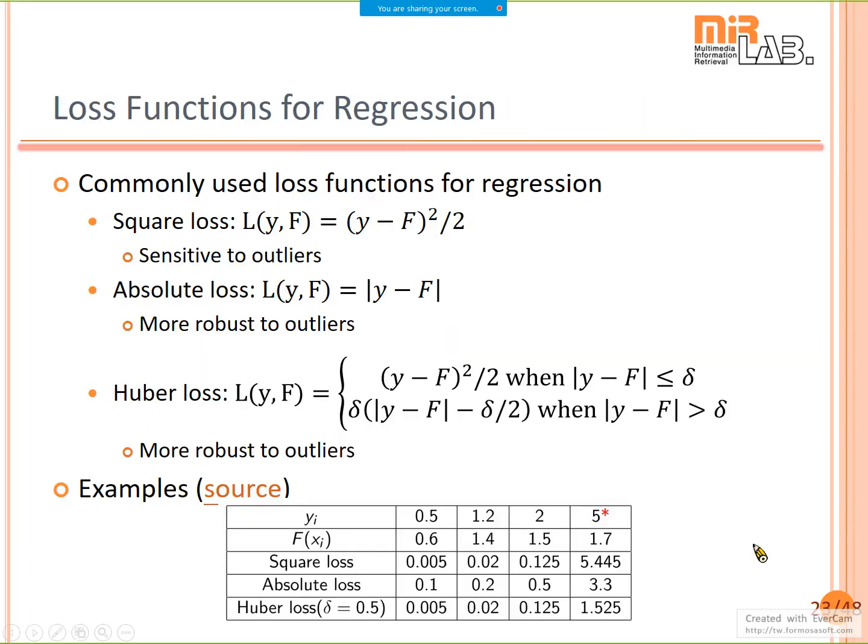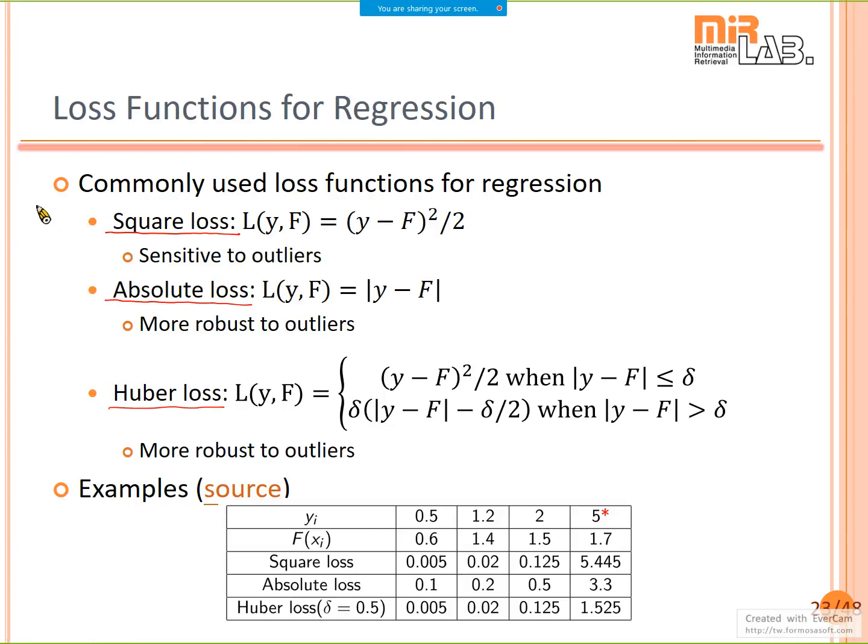But as I said, we want to formulate it in the context of gradient descent because we can choose any form of the objective function. Here we have a list of several objective functions. We can use the sum of square error, which is called square loss, and we can use another one called absolute loss or Huber loss.